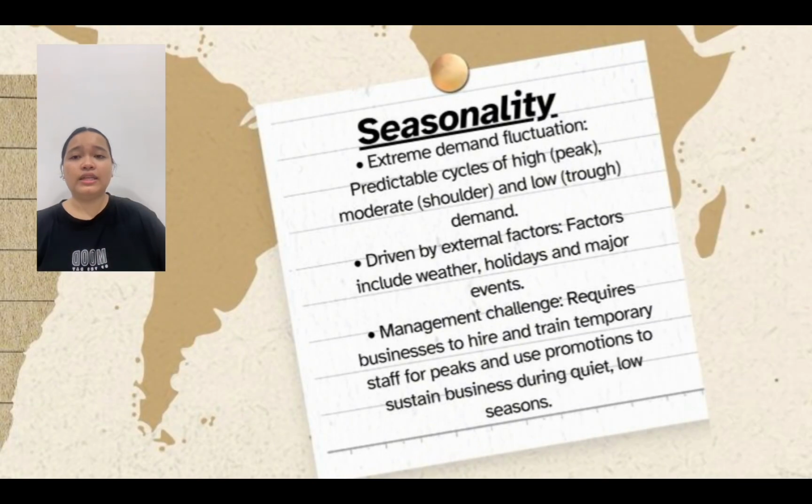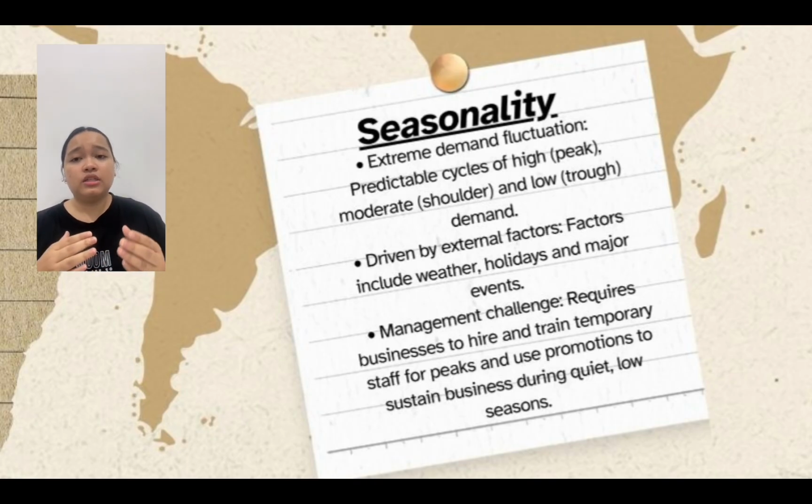The third one is seasonality. Tourism demand often changes with the seasons or specific times of year. Factors such as weather, holidays, school breaks, and events can create predictable peak and off-peak periods.